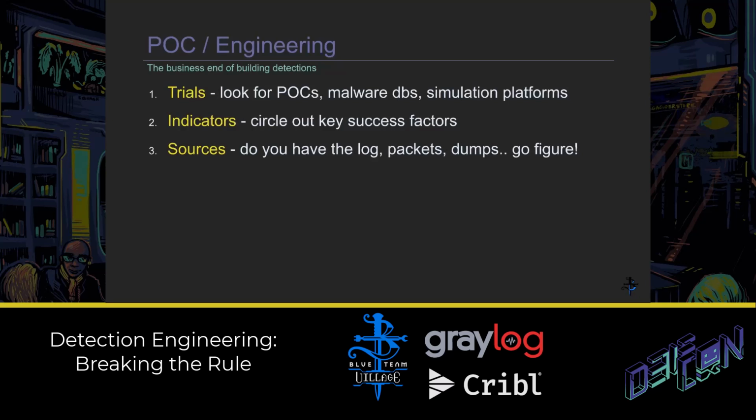The most complex question by far is that you need logs, packets, memory dumps, access to endpoints, right, to get your detections identified. Because you need so much information, if you don't have it, you're not going to be able to write that detection. So it's very important to figure out what sources you have that you can use to build this detection.